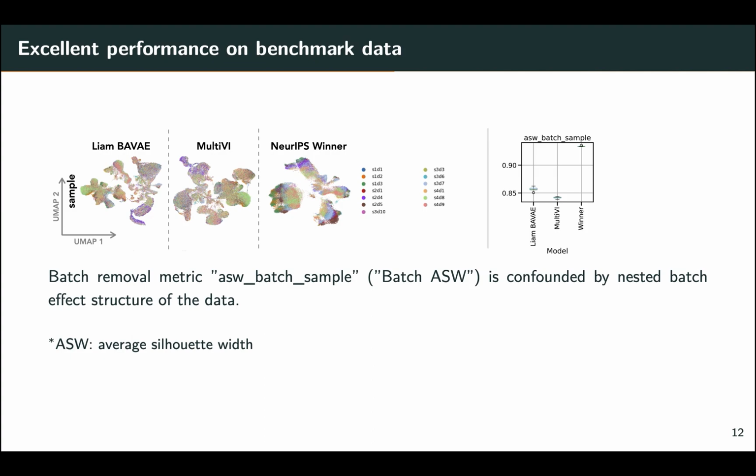The reason is that this metric is confounded by the nested batch effect structure of the data. The metric is based on the average silhouette width, and it only ever considers the closest neighboring cluster. So if you have samples from the same site mixing very well, you might be able to obtain a very high score here, even though the mixing of samples between sites is not very good.